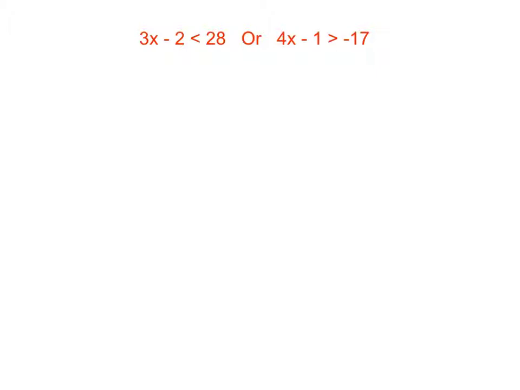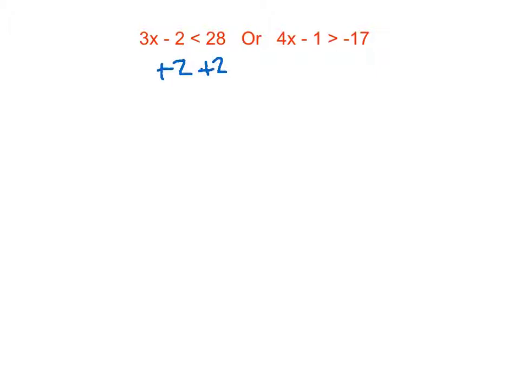It might work in both, we don't know. We just need to see the solutions for one inequality, then the solutions for the other, and then put them together. If they overlap, they overlap. If they don't touch, that's fine. That's what the word "or" allows us to do: solve both of these separately and see what we get.